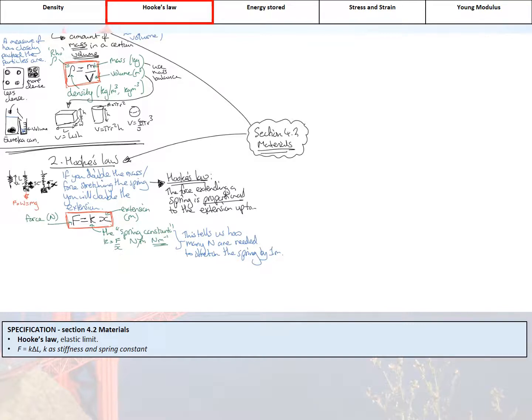A spring constant of, say, 20 newtons per meter would mean that you'd need 20 newtons, or 20 of those 100-gram masses, to stretch your spring by a meter.